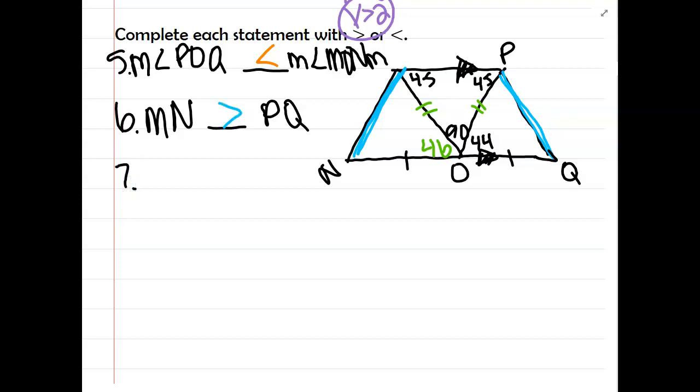And last one, what about MP, compare it to OP? This one you gotta think about. MP, how could you compare that to OP?